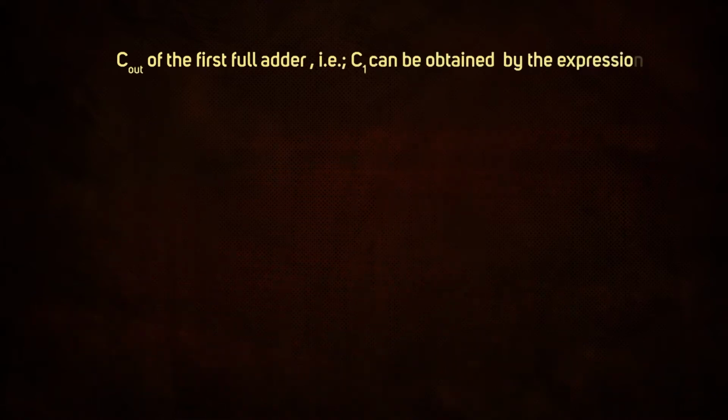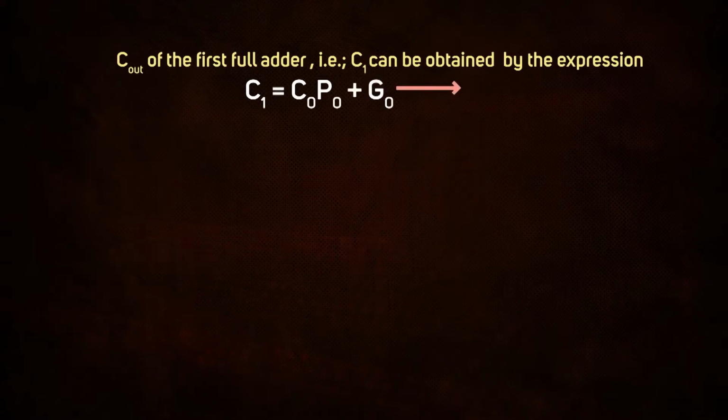Let us try to build the expression for each carry bit so that each carry will be calculated independently. We know that Cout of the first full adder, that is C1, can be obtained by the expression C1 equal to C0 P0 plus G0. Let this be equation 1a. What about the second full adder?